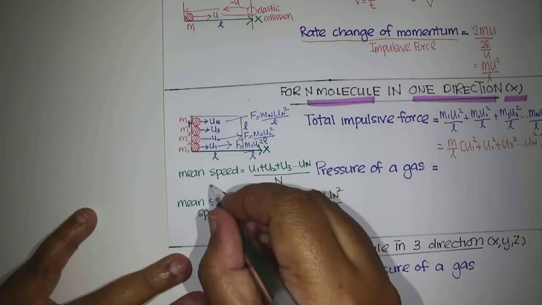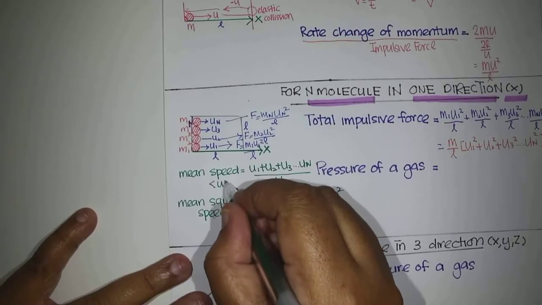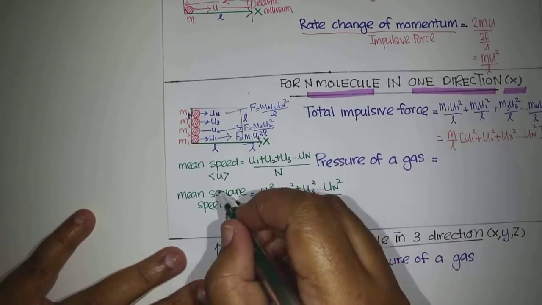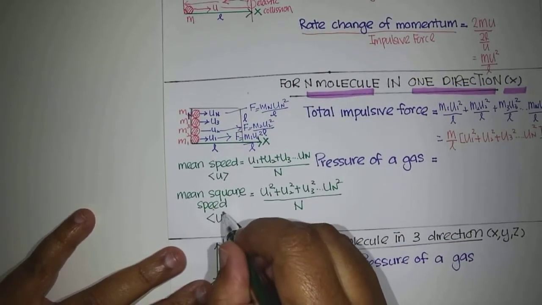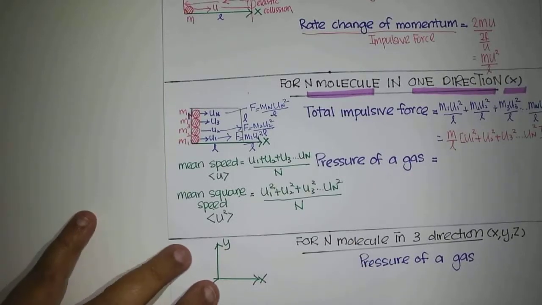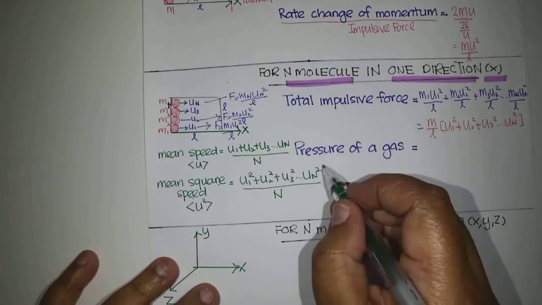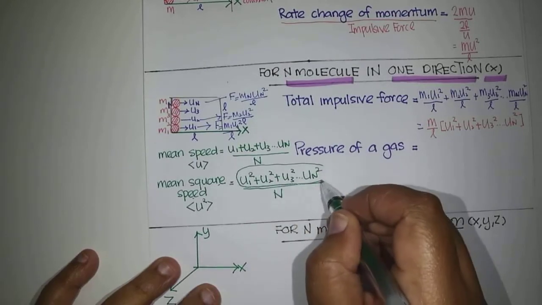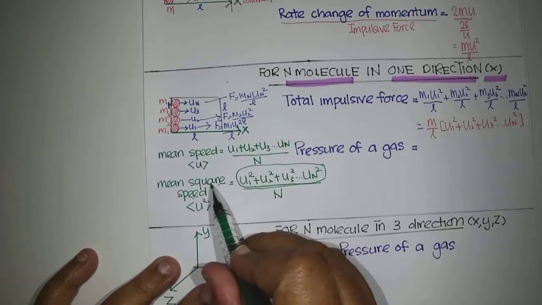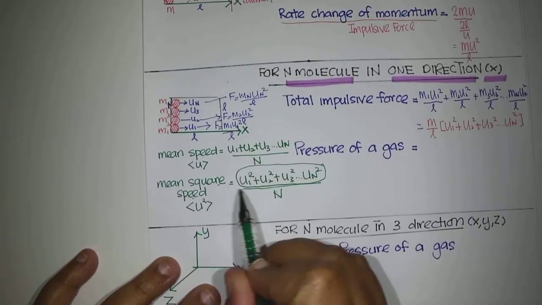So for mean speed, the symbol will be this, and for mean square speed, the symbol will be like this. So the sum is equal to N times the mean square speed.